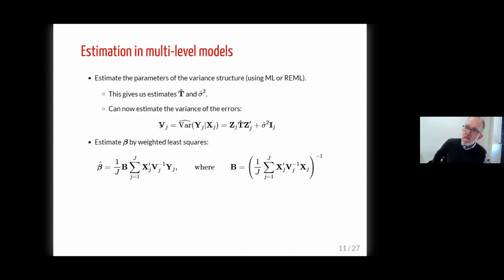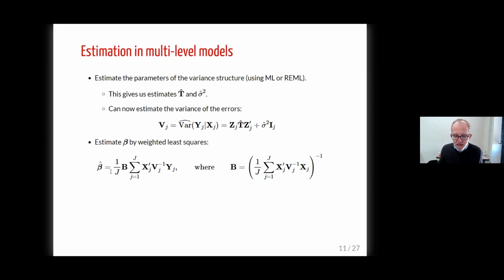The inverse of the V_j's, or inverse variance weighting, is the optimal, most efficient way to do weighted least squares estimation, if the model is right.